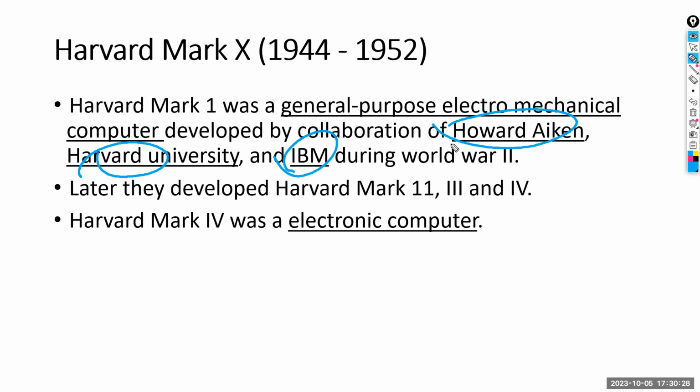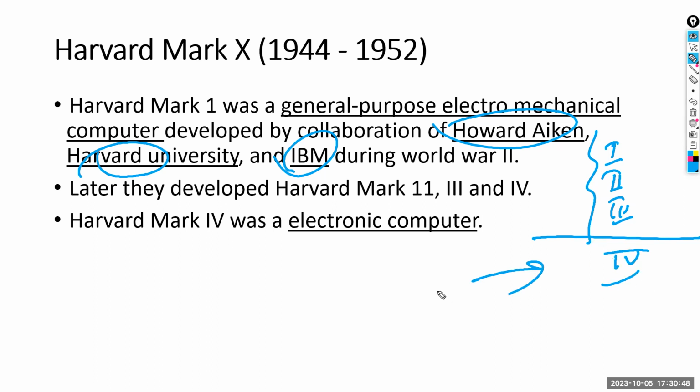So remember, we were talking about electrical computers, right? Yes, Harvard Mark 1, 2, 3 were electrical computers. They tried to build general purpose electromechanical computers. But when it comes to Harvard Mark 4, they started using electronics. So that means we are moving from electromechanical to electronic.